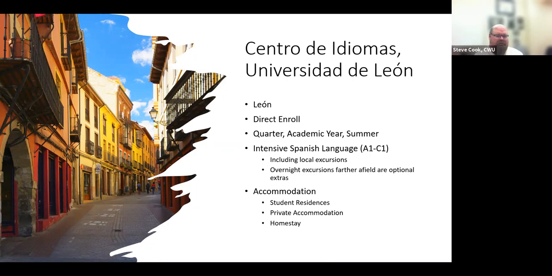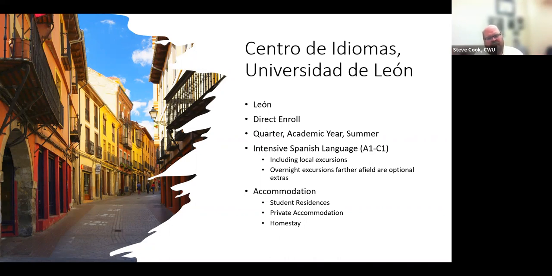Other excursions that would be included in the tuition and fees for this program would be going to the neighboring city of Astorga and going to a chocolate museum. They do offer overnight excursions farther afield that are optional extras and therefore an additional cost.